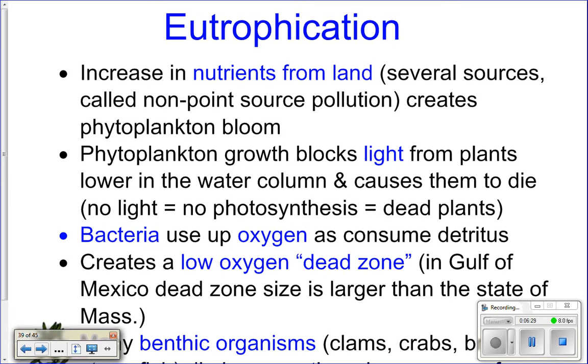So lots of excess nutrients. Like when farmers fertilize their crops, any excess fertilizers that don't get soaked into the soil and used by the plants get washed off of the land by rain. Okay, and that rain eventually makes it down into the river, which eventually carries those nutrients down into the estuary. So those nutrients make it into the estuary.